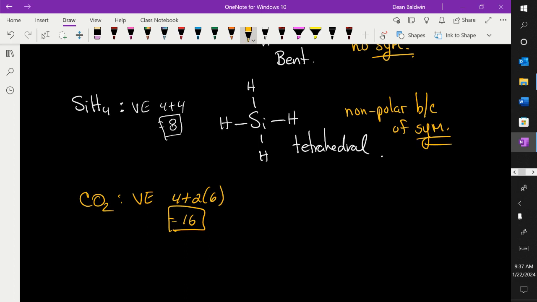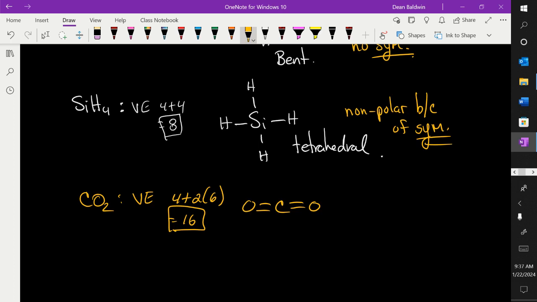How many bonds does carbon want to form? 4. How many does oxygen want to form? 2, right? Because oxygen wants 2 more electrons to get to 8. Carbon wants 4 more electrons to get to 8. So we get this.